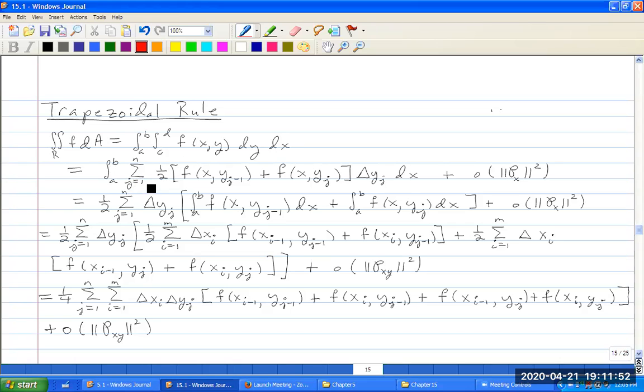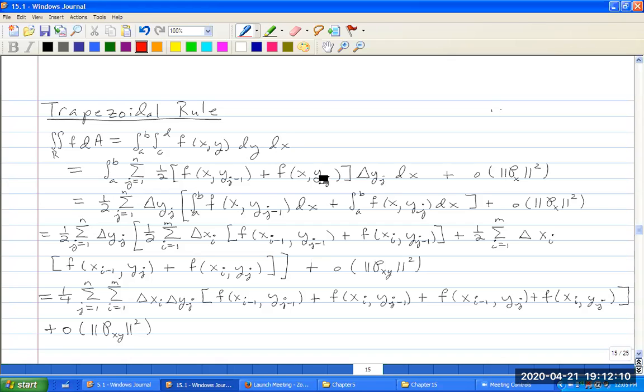So the trapezoidal rule is just the sum j equals 1 to n of 1/2 of f of x, y sub j minus 1 plus f of x, y sub j.